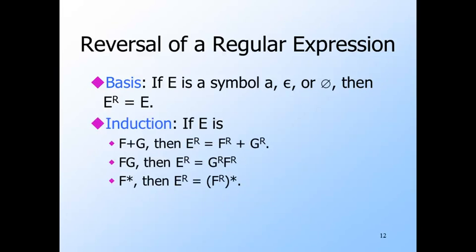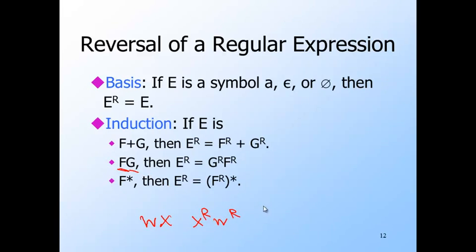The induction consists of the three operators for regular expressions. For union, it is easy. You just reverse the expressions for the two parts of the union. Concatenation is a little trickier. To reverse a string wx, where w comes from f, say, and x comes from g, you need to reverse w and reverse x, but then you need to flip the order of the reversed strings. That is, x reversed comes before w reversed.